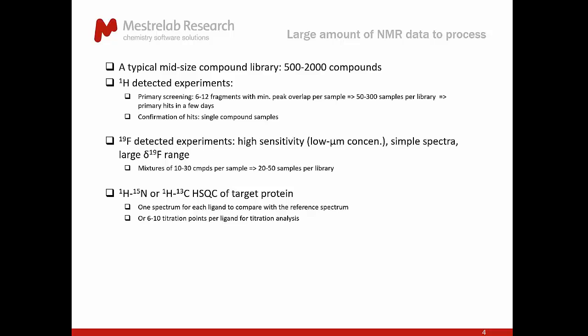So all of this would add up to hundreds or thousands of spectra to process and analyze. A lot of eyeballing, and it's time-consuming and error-prone. That constitutes a bottleneck for fragment-based drug discovery using NMR.